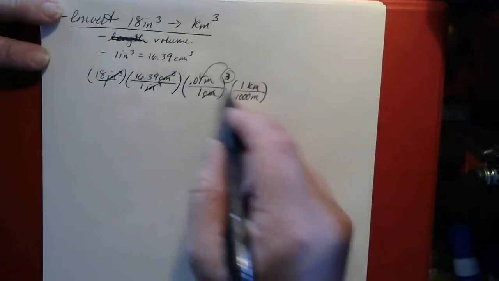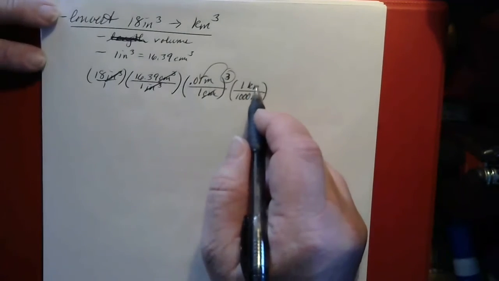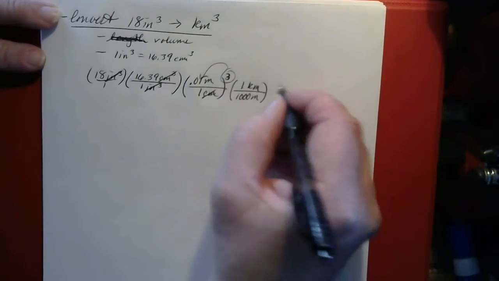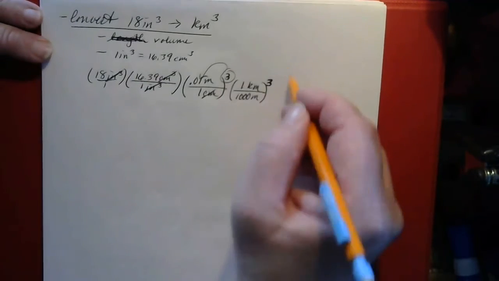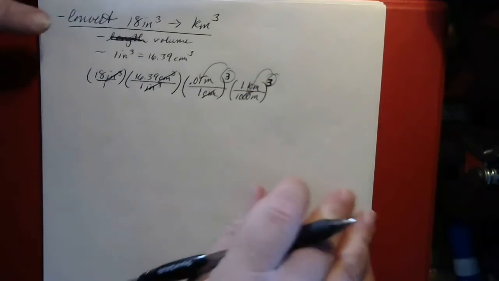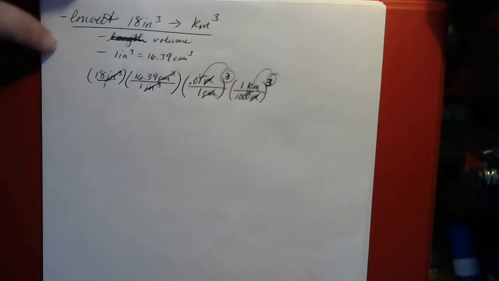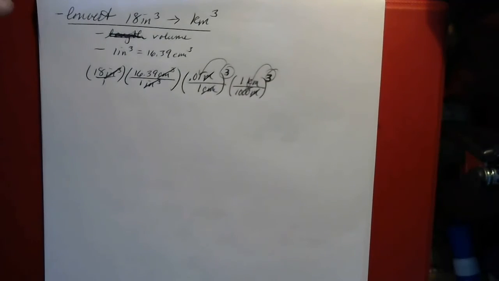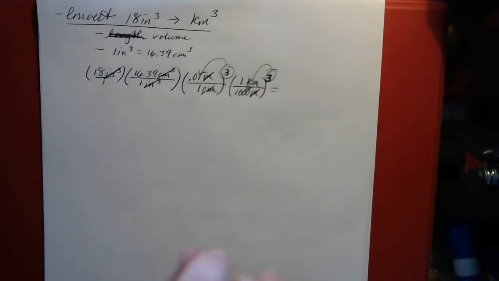And of course, since these are cubic meters, these need to be cubic meters, but those need to be cubic kilometers, and the numbers need to be cubed also. So again, we write the 3 outside the parentheses so that it applies to everything inside the parentheses. So now this is cubic meters here on the bottom, and it can cancel with cubic meters there on the top. Now we have cubic kilometers for the unit, and that should be okay.